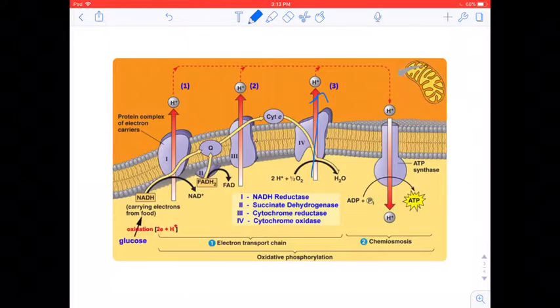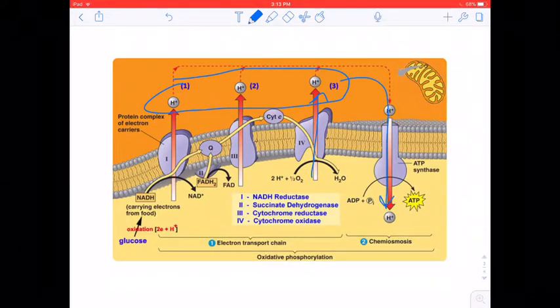Chemiosmosis uses potential energy stored in the form of a proton H plus gradient to phosphorylate ADP and produce ATP. In oxidative phosphorylation, protons are pumped from the matrix to the outer compartment against the concentration gradient.